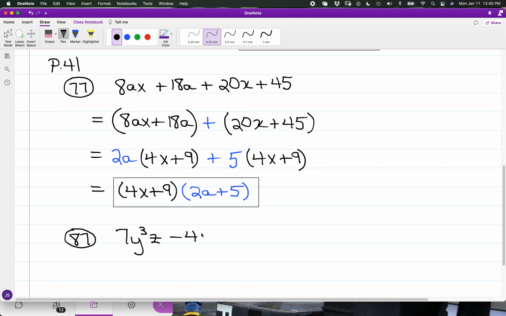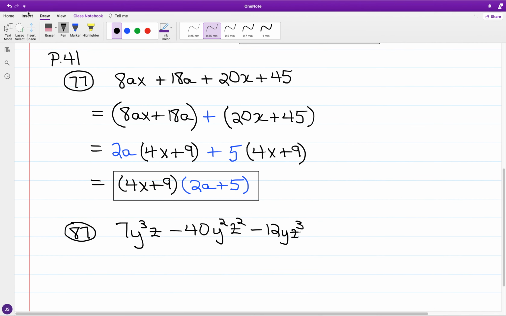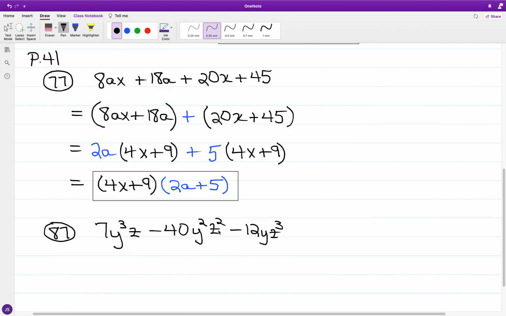In this particular trinomial, we're going to have the greatest common factor to extract. So for what we have here, with 7y cubed z minus 40y squared z squared minus 12yz cubed. Now we are going to be looking at factoring out binomial or two-term expressions.